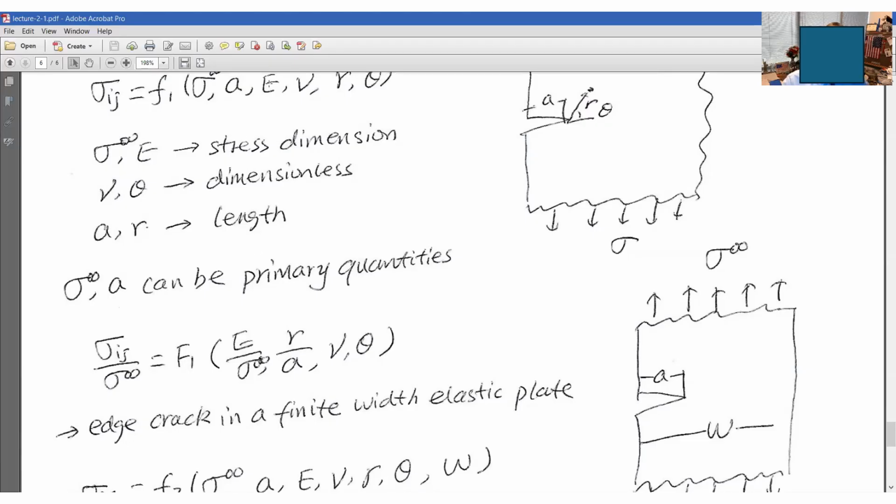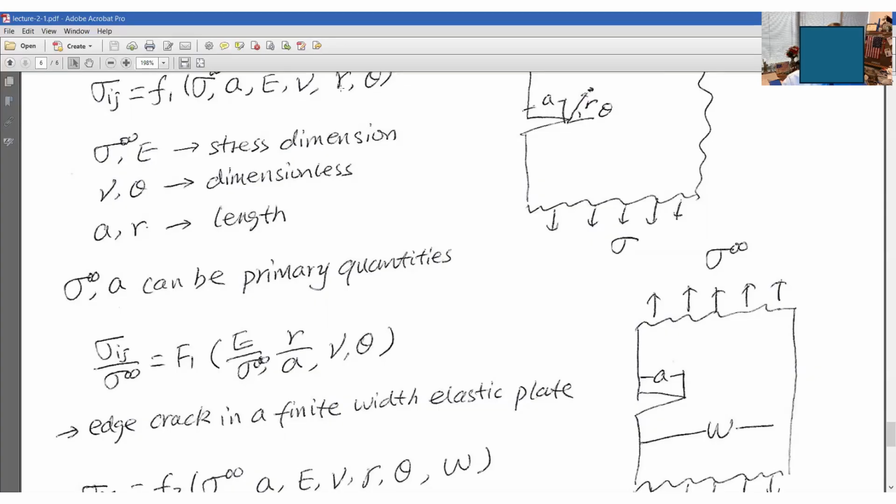E has the same dimension as sigma, right? The sigma's dimension has exponent 1, however the length exponent is 0. So the length influence will be gone, right? So E over sigma infinity, and nu, I said nu is dimensionless already. I don't need to take care of it again. Theta is dimensionless. I don't need to take care of it again.